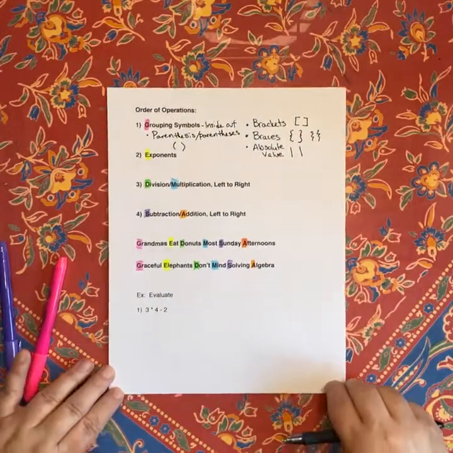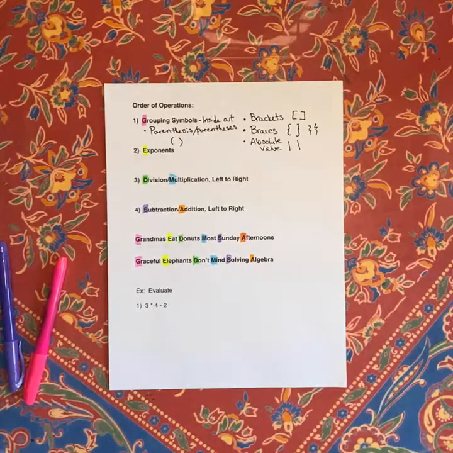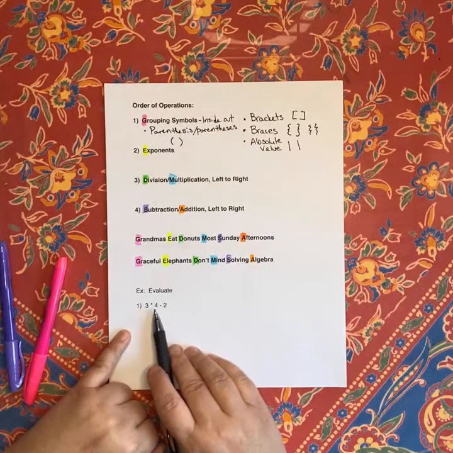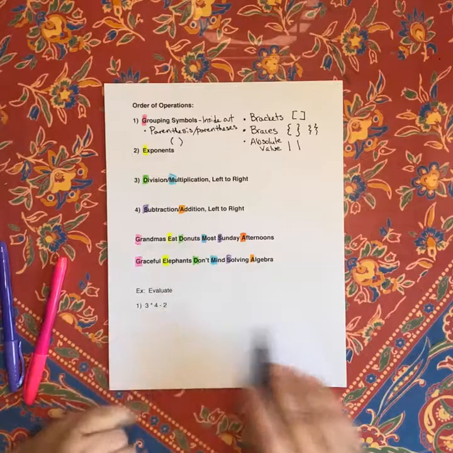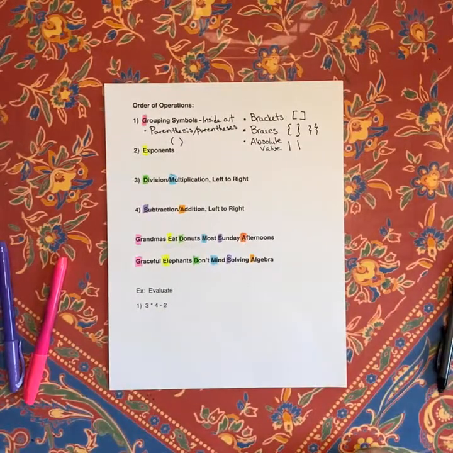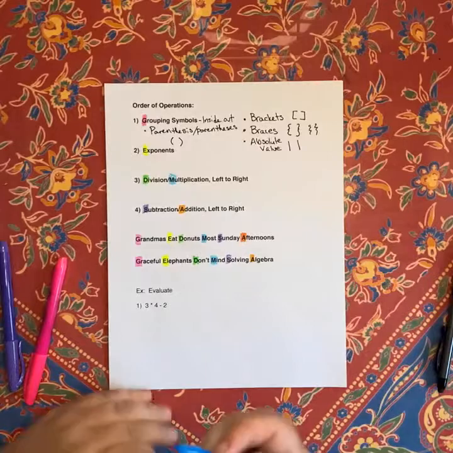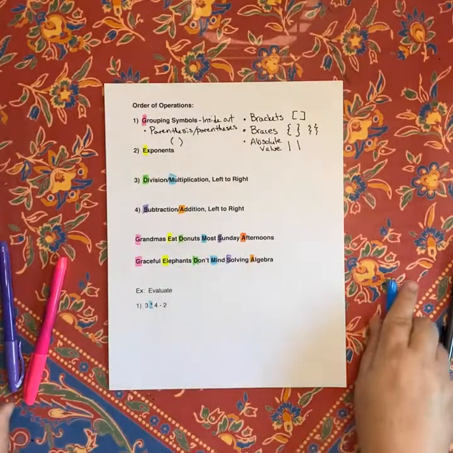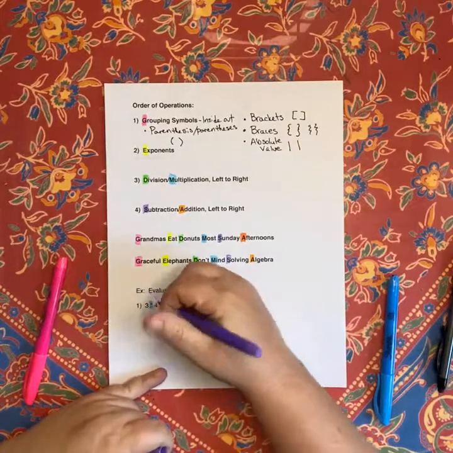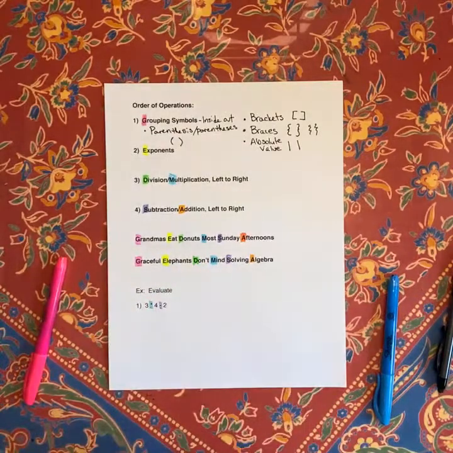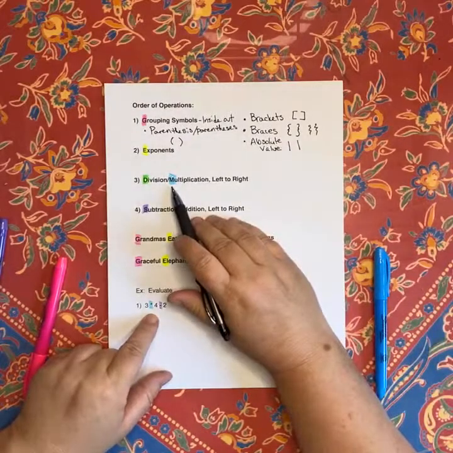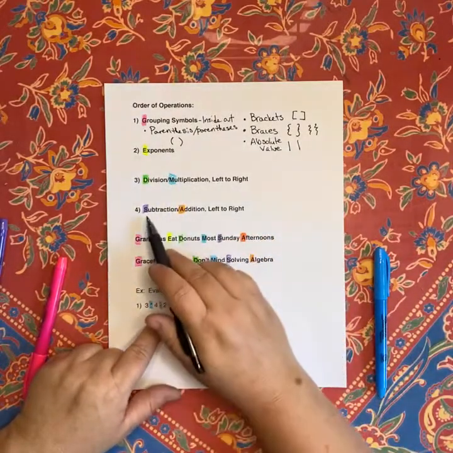Woohoo. Okay, so let's evaluate some things. I have 3 times 4 minus 2. So what do I have? It looks like I have a multiplication, which is blue, and a subtraction, which is purple. I look through and see multiplication is on level 3 and subtraction is on level 4.